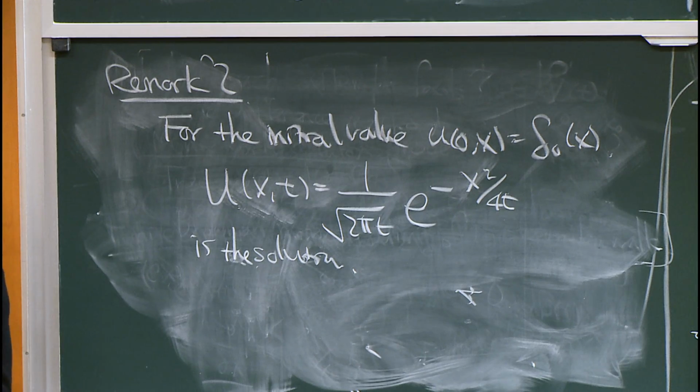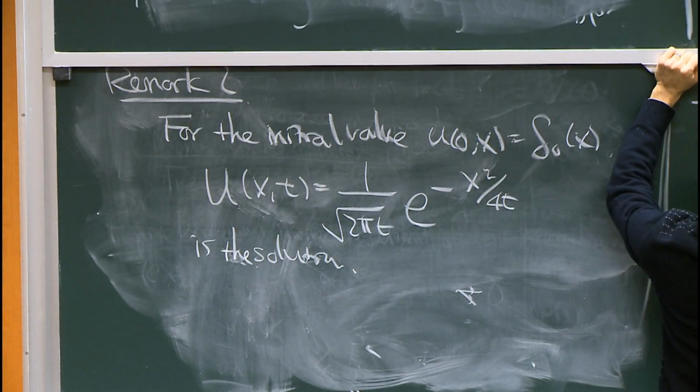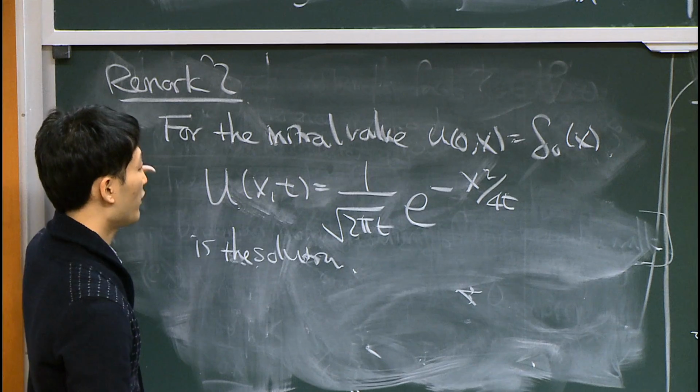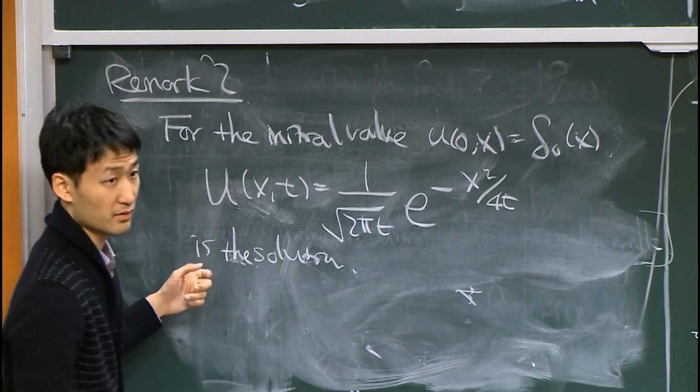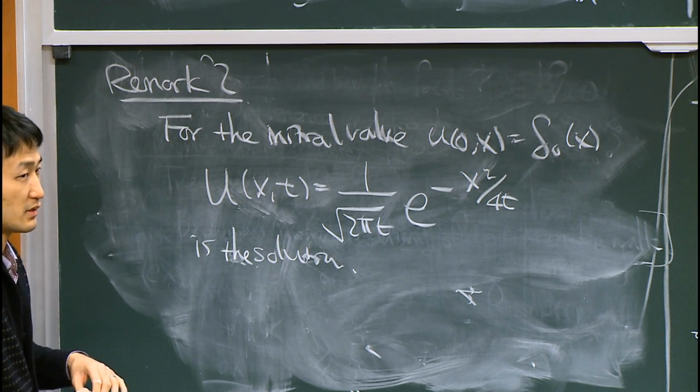So we know the solution for the Dirac delta function. First, we figured out that if we know the solution for the Dirac delta function, then we can solve it for every single initial value. And for the initial value Dirac delta, that is a distribution that solves the differential equation.